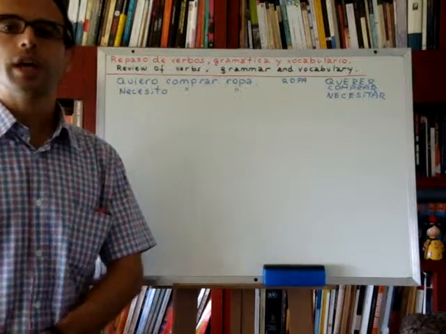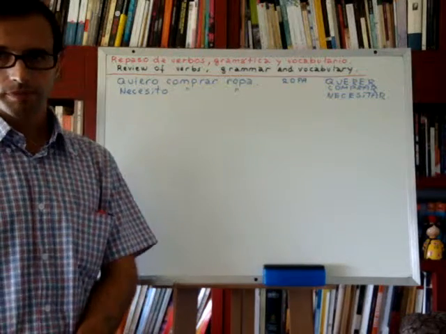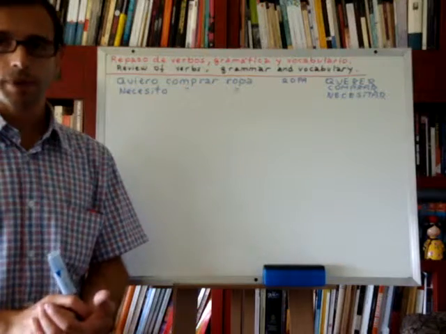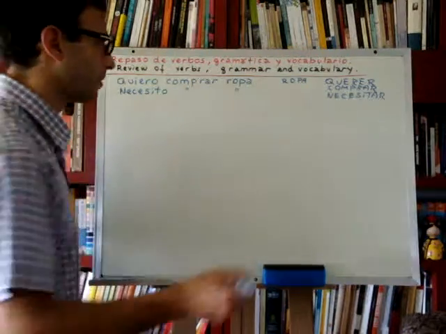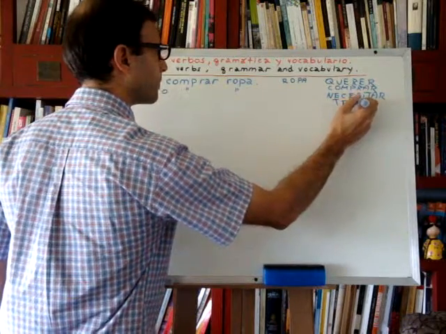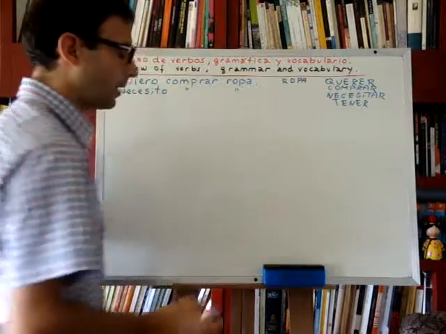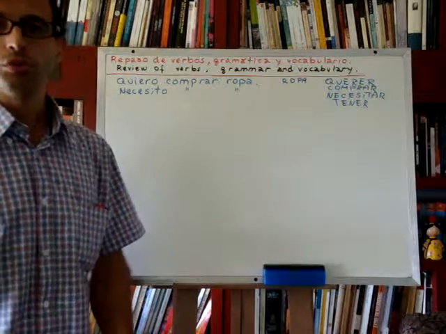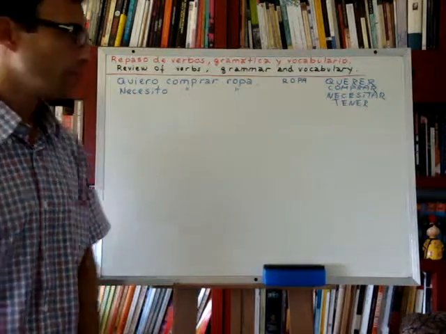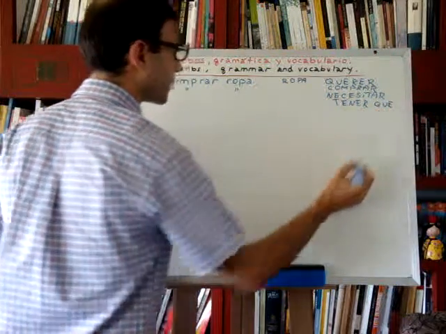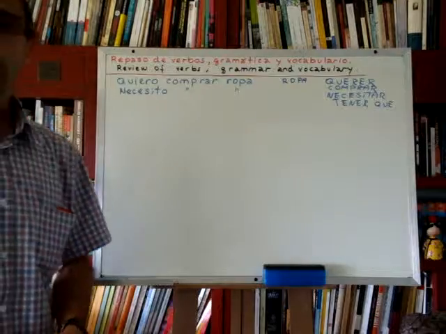And if we want to say, I have to buy clothes. Remember the verb to have in Spanish is the verb tener. Okay? To have is tener. And how do we say to have to? Tener que. Okay? So how would we say it?